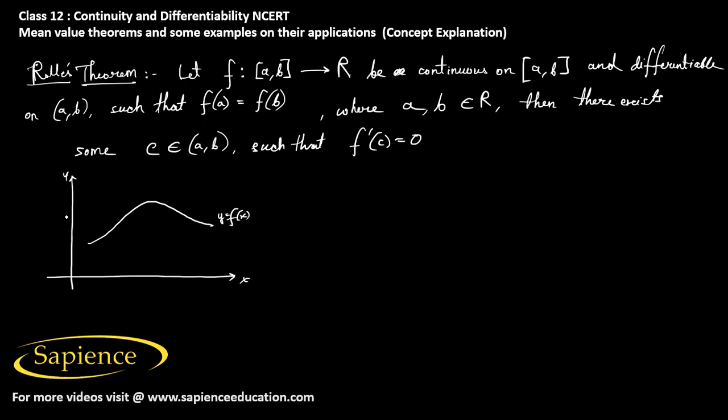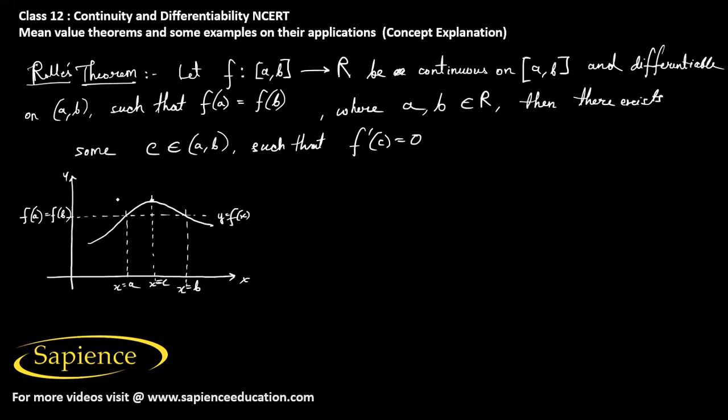Suppose at x equal to a and at x equal to b, the value of the function is the same, which is f of a equal to f of b. Then there exists some value c in between a and b at which the slope is 0.